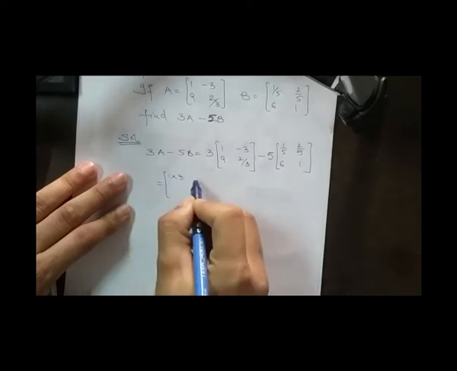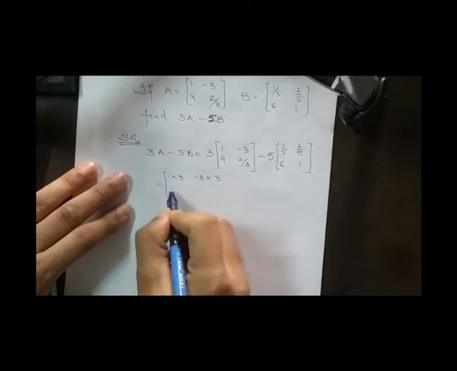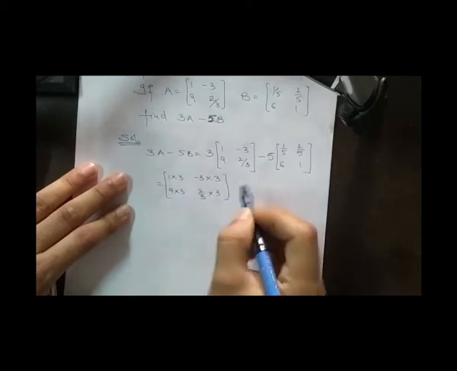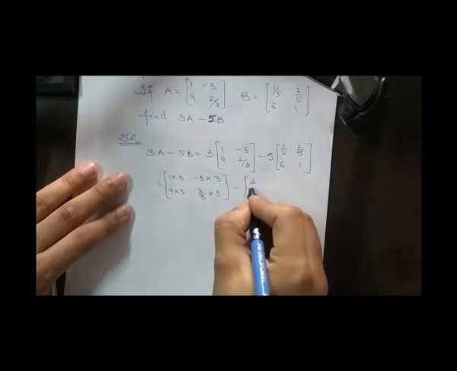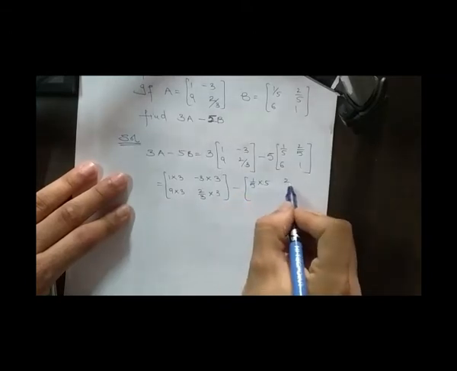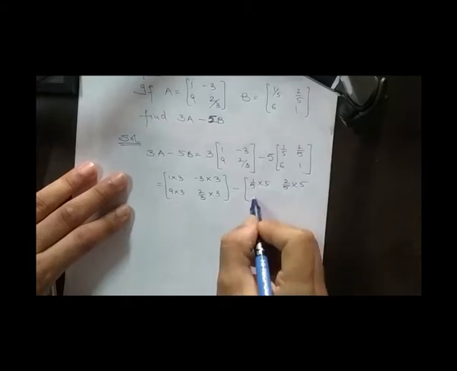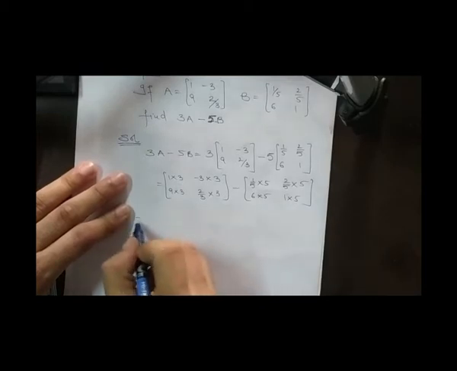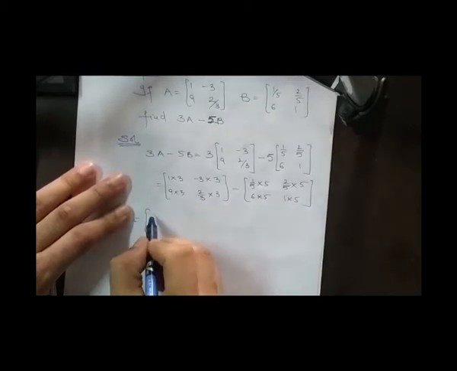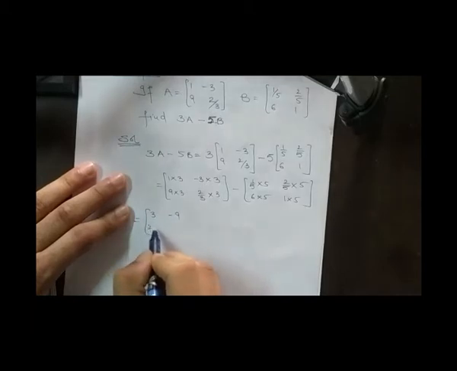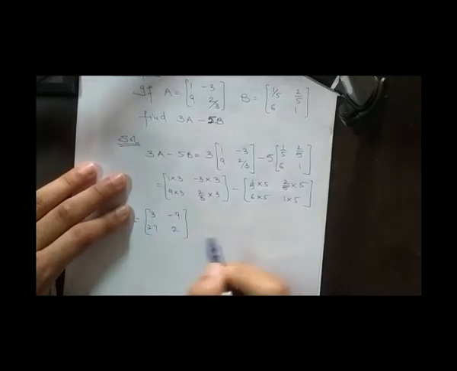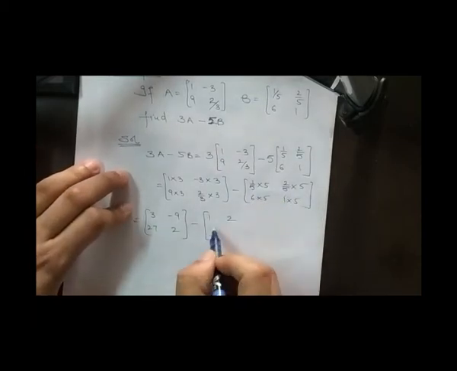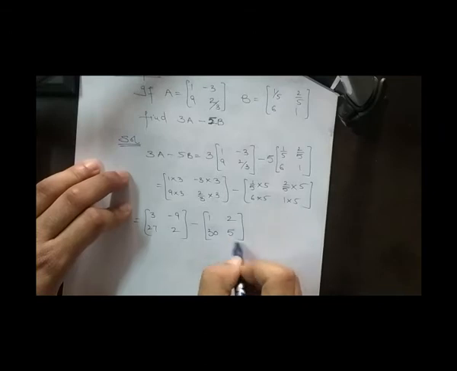1 into 3, minus 3 into 3, 9 into 3, 2 by 3 into 3, minus 1 by 5 into 5, 2 by 5 into 5, 6 into 5, 1 into 5. It becomes 3, minus 9, 27, 2, minus 1, 2, 30, and 5.